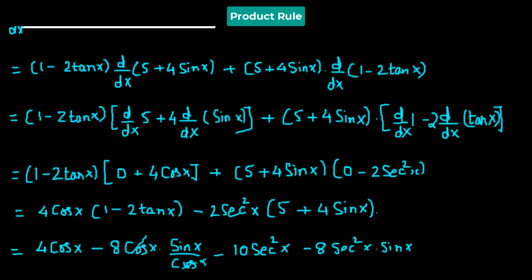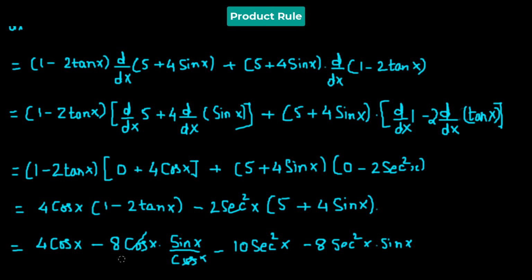So cosine and cosine get cancelled. 4 times sine of x. So this is going to be the final answer. Let me rewrite it. So we have negative 8 sine of x. So this is the final derivative.